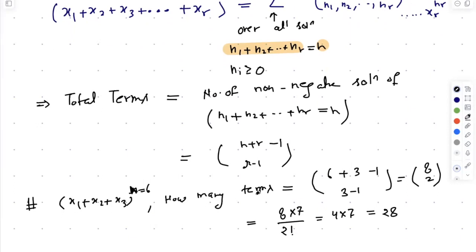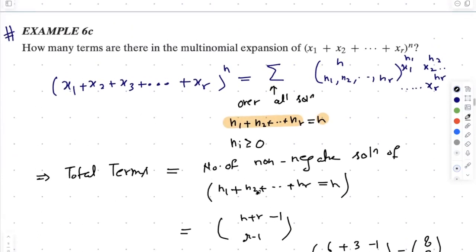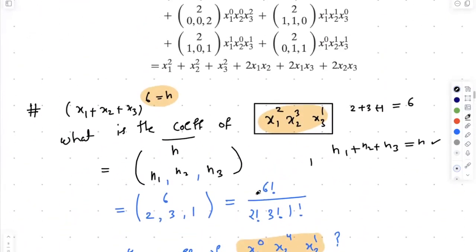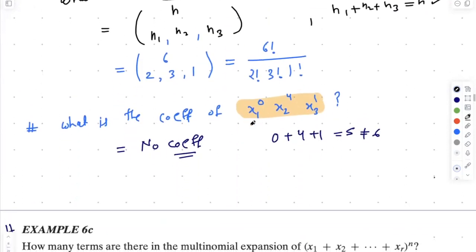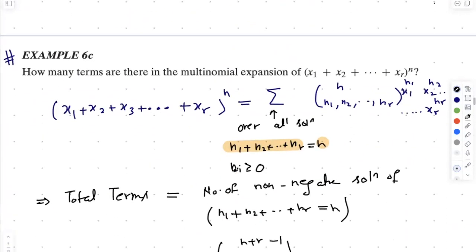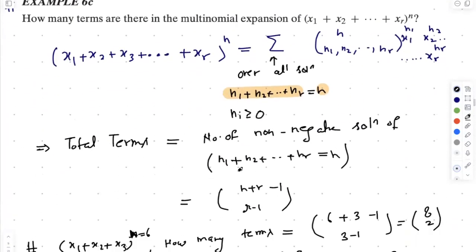So I hope this concept is understood and you should be able to find the coefficient of any term using the multinomial. If some terms are given to you, you can find out whether it is going to be a term in the expansion, if the exponents are given. We can also tell without calculation how many total terms there are. So I hope these three questions are understood by now.